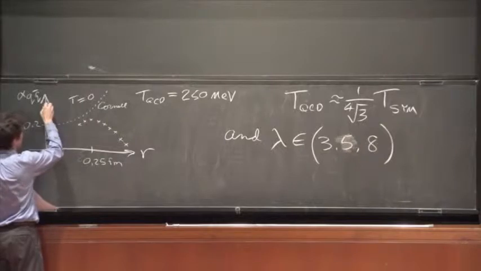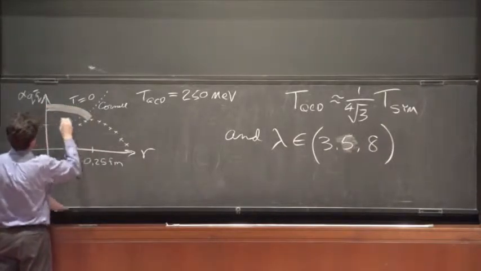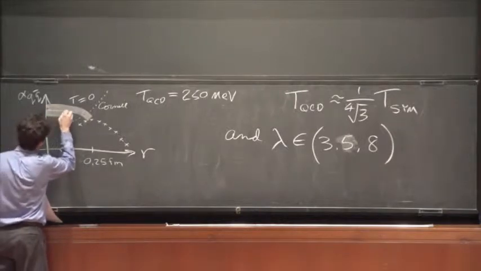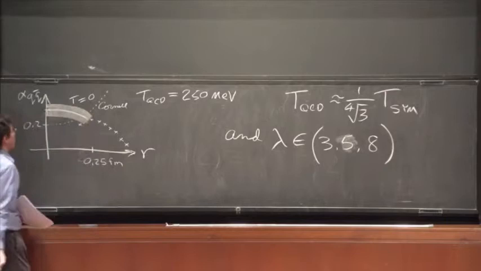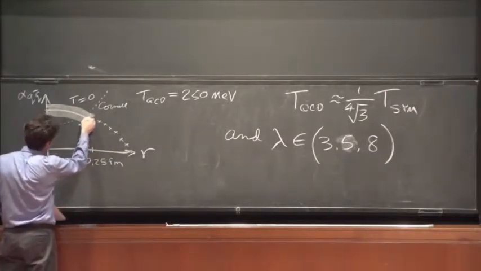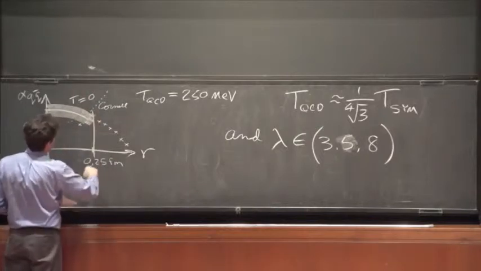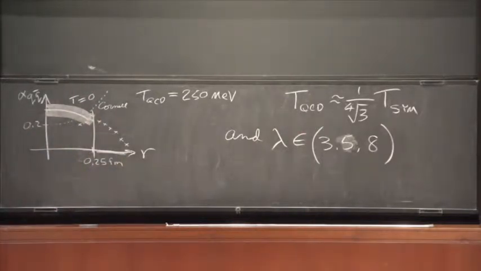You get some band that's a little bit wider than my chalk is going to be able to draw. Looks about like that. And after a certain point, it drops off to alpha_QQbar exactly equal to 0.